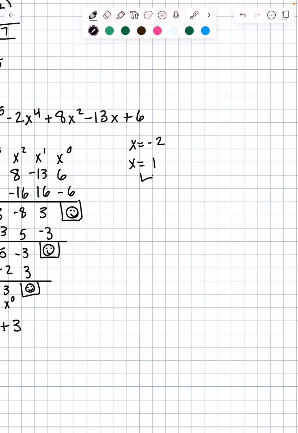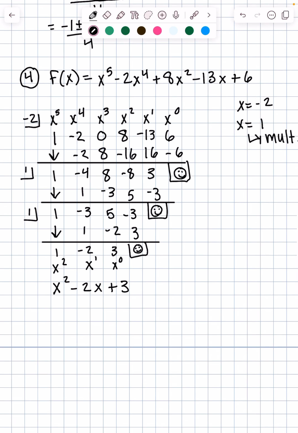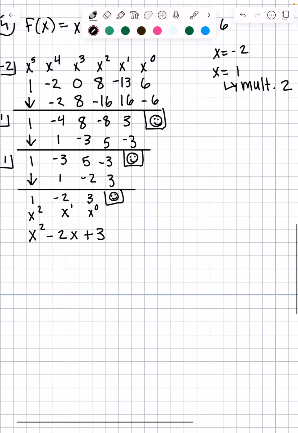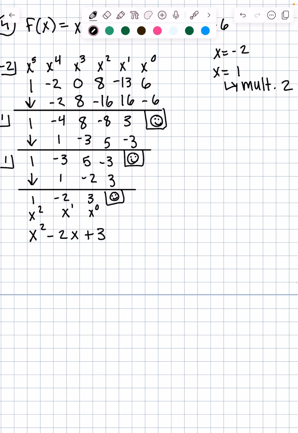So this answer of x is equal to 1 definitely has a multiplicity of just 2. Okay, so right now we have 1, 2, 3 answers, and then when we use the quadratic formula, we're going to get our other 2 answers that are going to be imaginary. And I know that they're going to be imaginary because we did not see those x-intercepts on our graph.